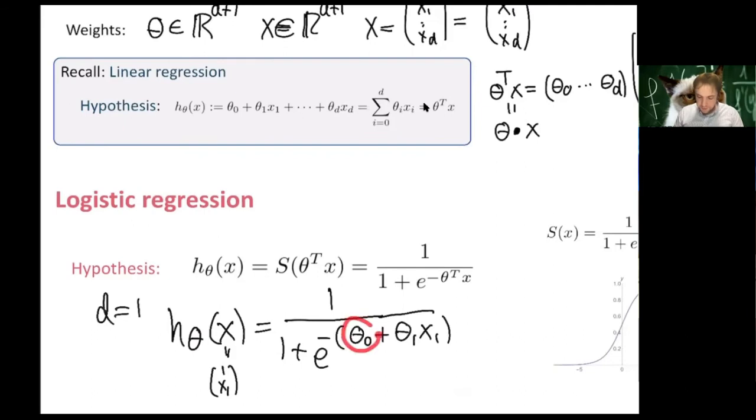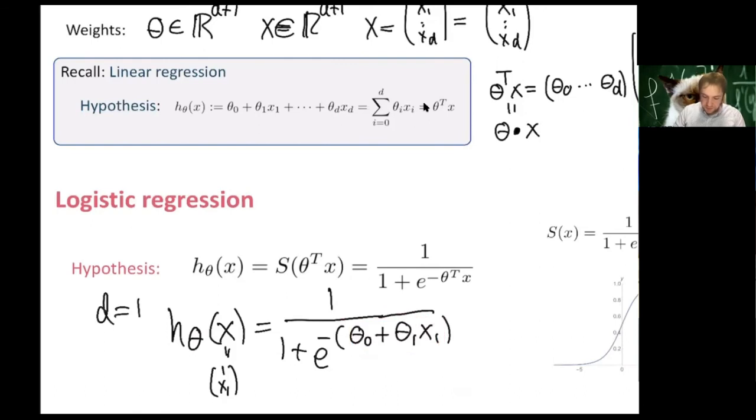Somehow this theta 0 and theta 1 will tell us where the sigmoid function has this point at 1/2. When is this 1/2? This is 1/2 when this here is 0.